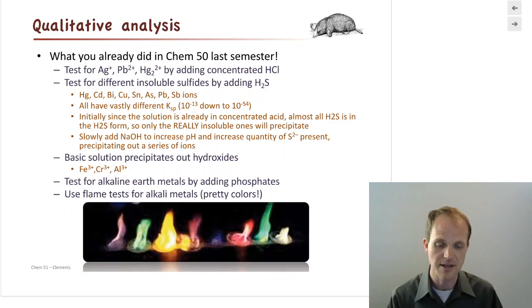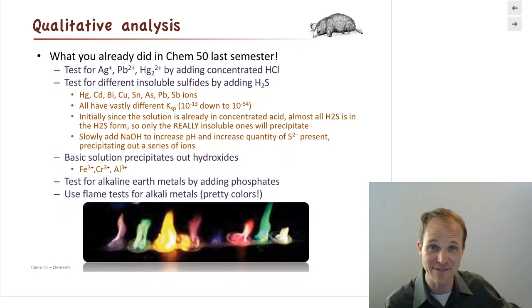moderate concentrations of those ones. But the fun part is you can then use hydrogen sulfide, H2S, to test for the solubility of a bunch of other things, which is mercury, cadmium, bismuth, copper, tin, arsenic, lead, antimony, because they have vastly different KSP values from 10 to the minus 3rd down to the 10 to the minus 54th.